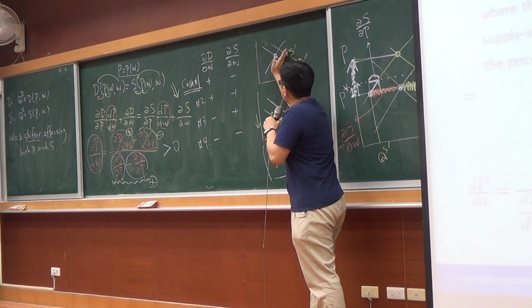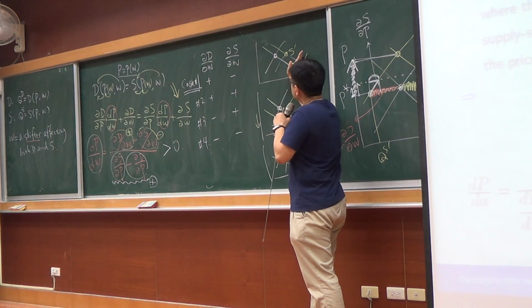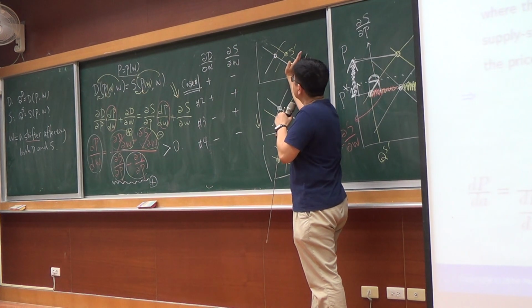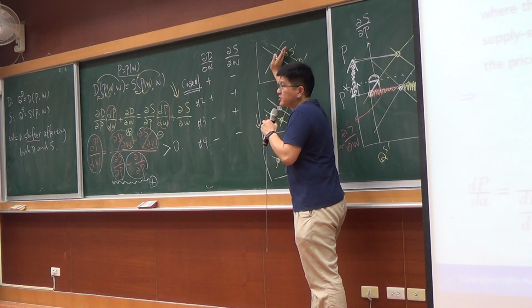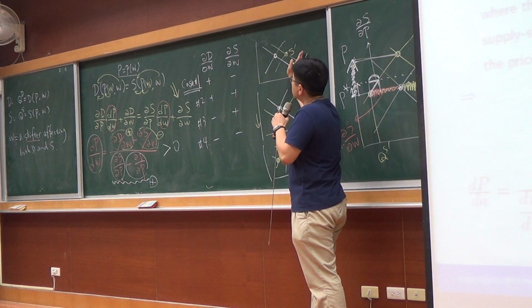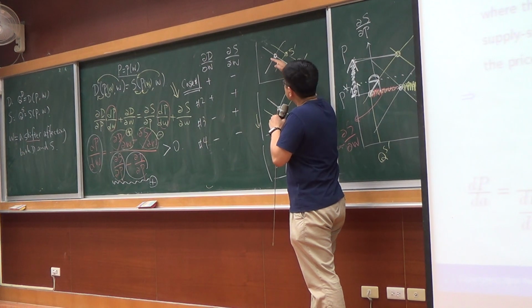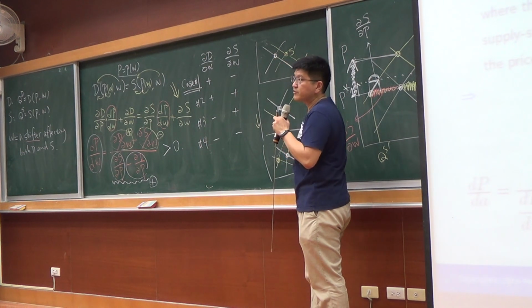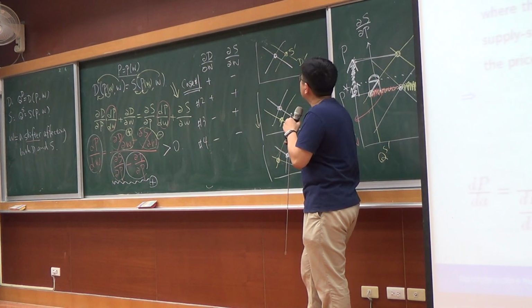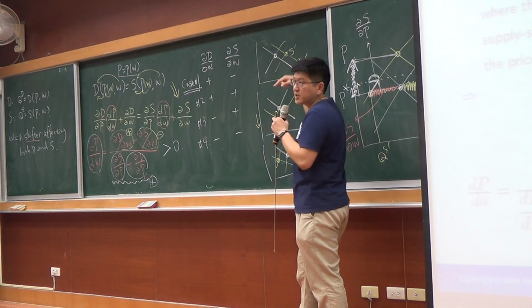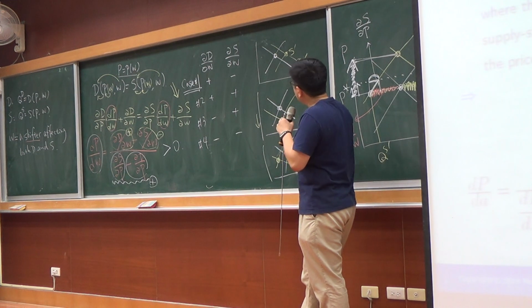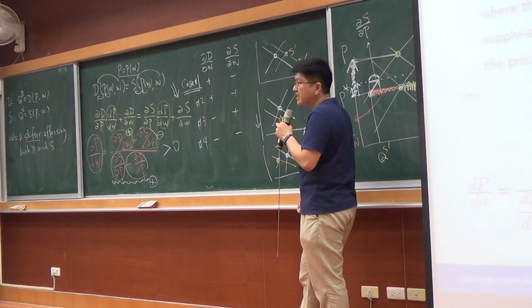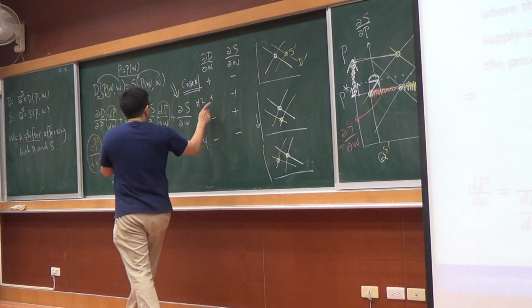But if the supply curve shifts more to the right, then the price will go down. It depends. So we have no idea. Depends on the size. Then let's check.